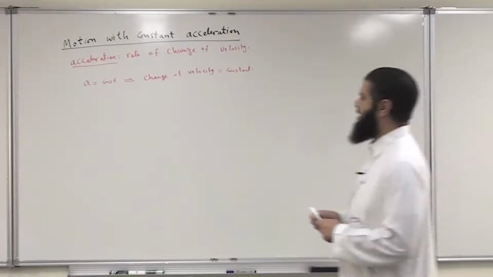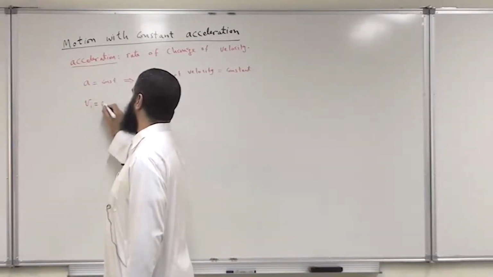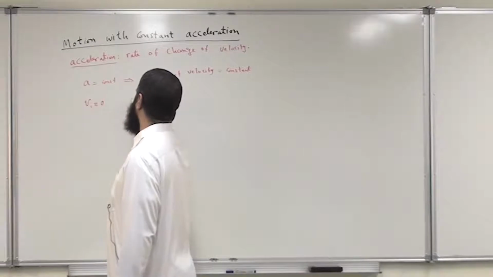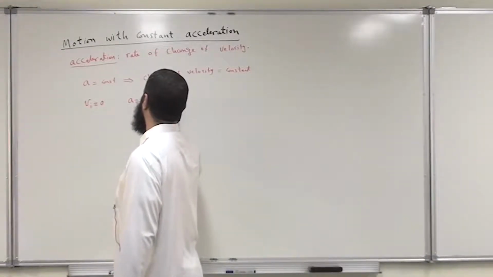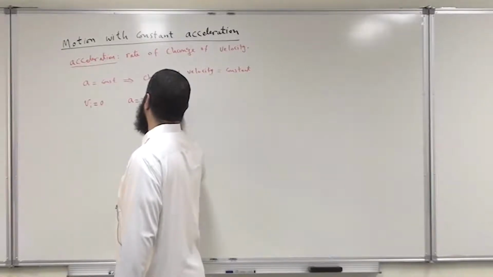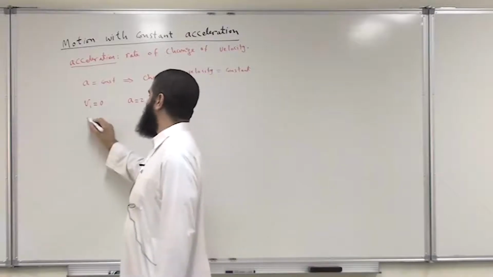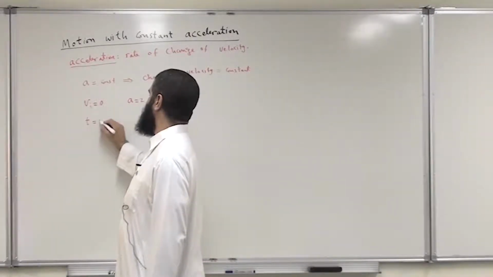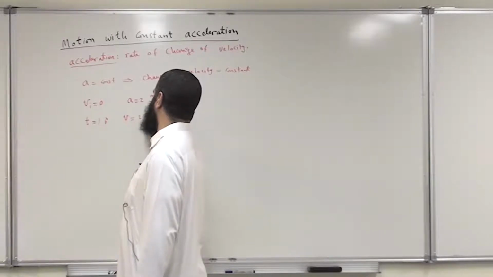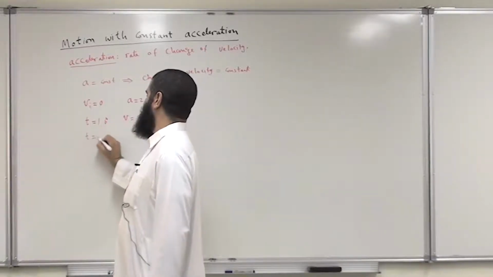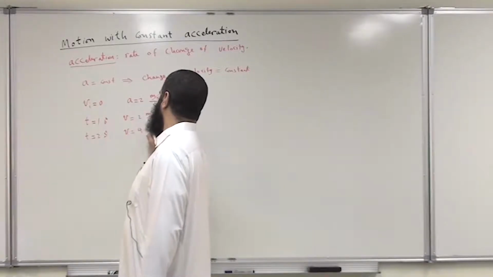So if I have v initial equal to 0 and an acceleration of 2 meters per second squared, this means when the time equals 1 second, my velocity will be 2 meters per second. When time equals 2 seconds, my velocity will be 4 meters per second.